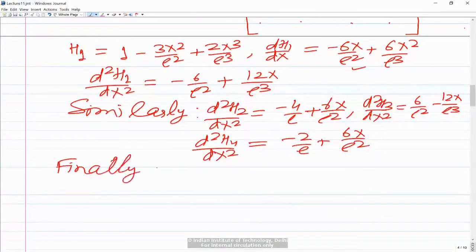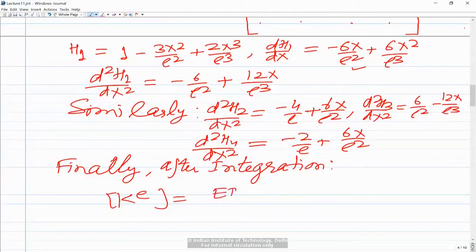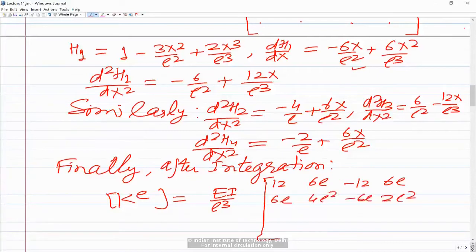So finally, after integration, if you carry out the integration, you will have ke equal to, I am taking this Ei by L cube common, and then the matrix comes as 12, 6L, minus 12, 6L, and then you have 6L, 4L square, minus 6L, 2L square, and then we have minus 12, minus 6L, 12, and again minus 6L, and then we have 6L, 2L square, minus 6L, 4L square.